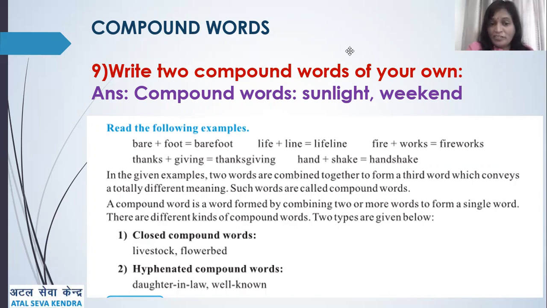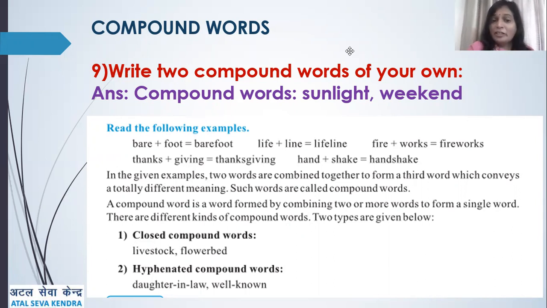A compound word is formed by combining two or more words to form a single word, and there are two kinds. It could be close compounds, like the examples given above, like barefoot, lifeline, fireworks, thanksgiving, handshake, livestock, flower bed.